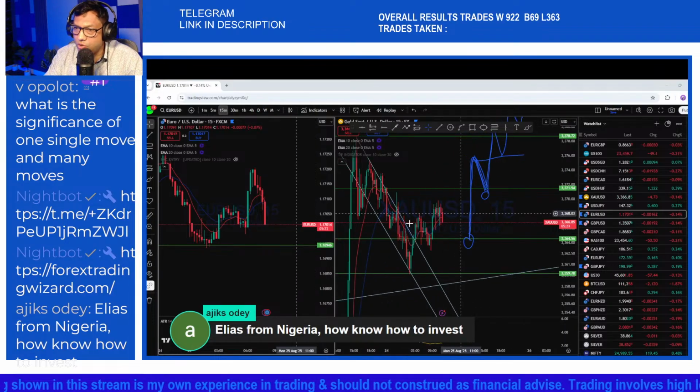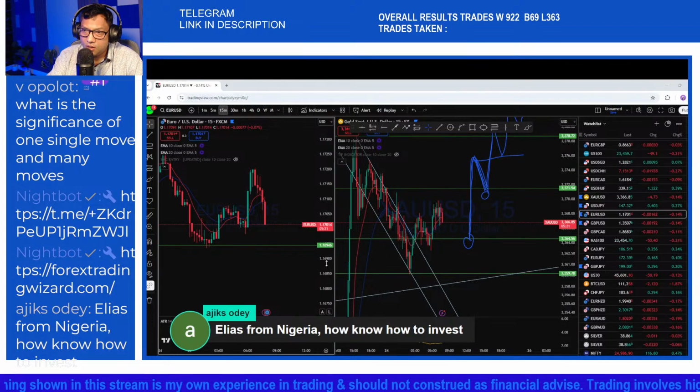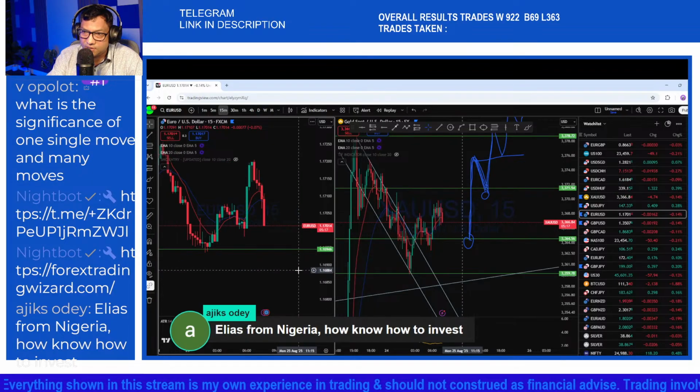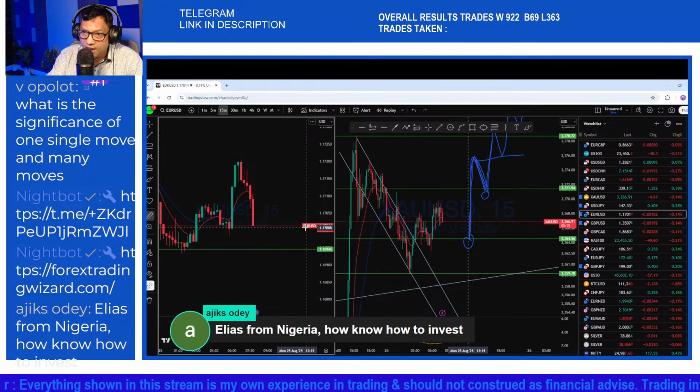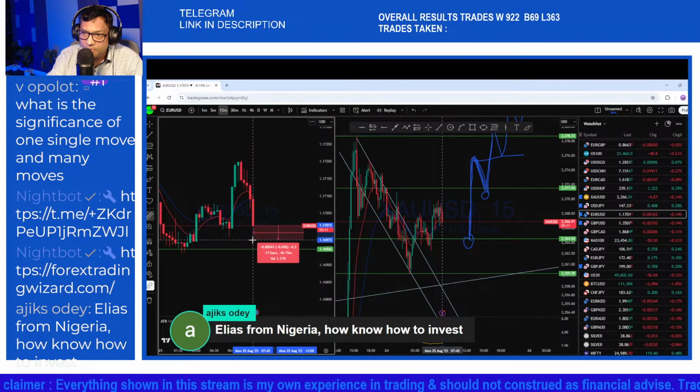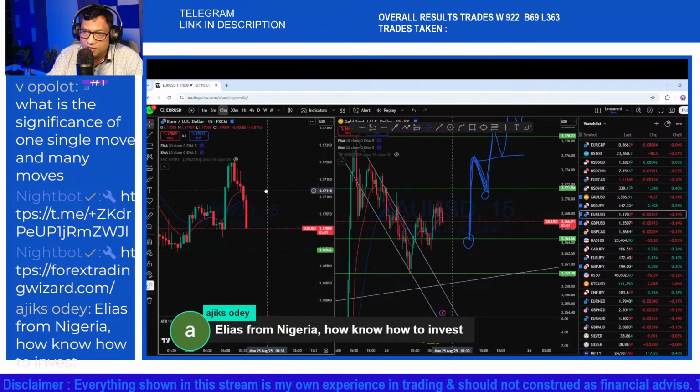All right, now here is where you can see gold and euro dollar. Both of them, as we discussed, are coming back to that support level here, and approaching that key level that we discussed. It's nearly at that level.